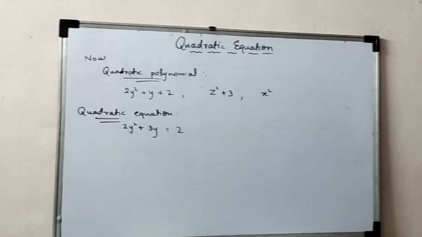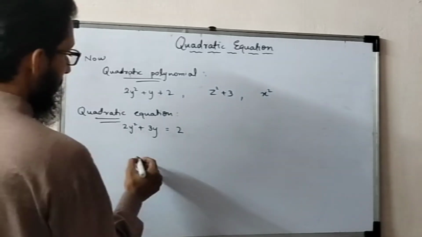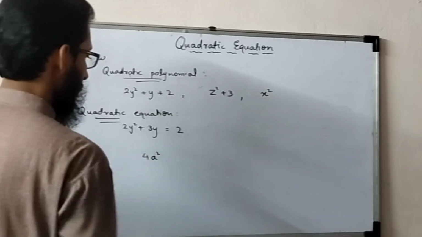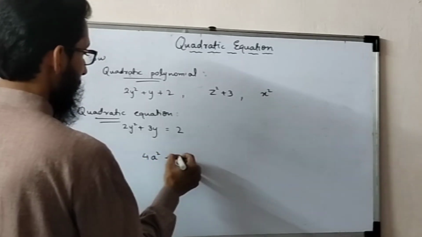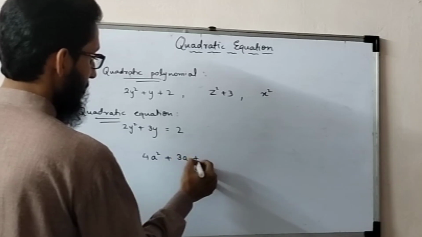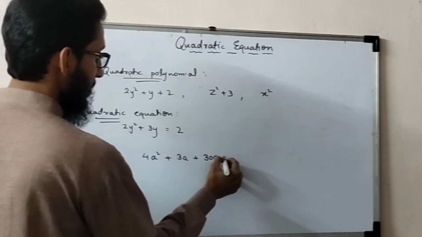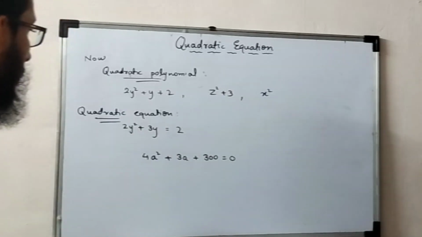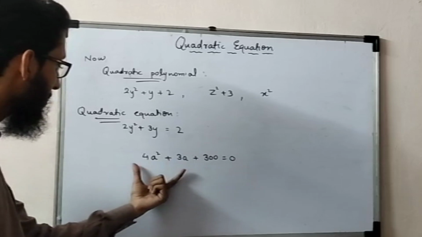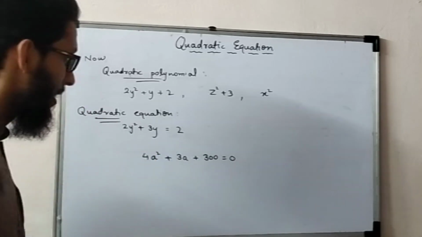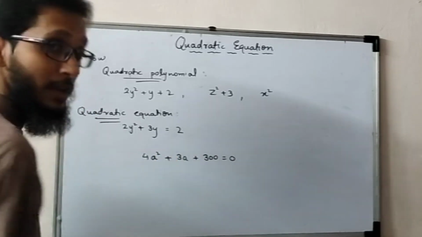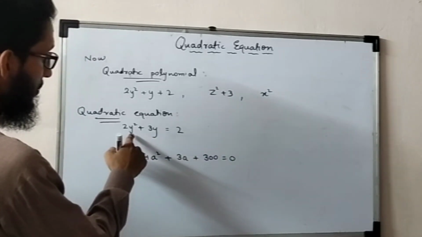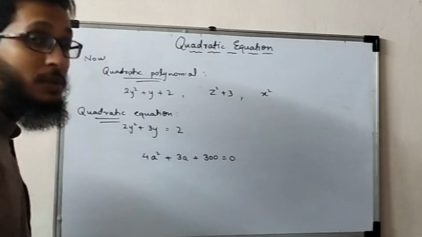Okay, second example, we can say if we have 4a square plus 3a plus 300 is equal to 0. This is also a quadratic equation because the maximum power of this equation is 2 and here the variable is a. And in this equation you can also see the maximum power of the variable is 2.